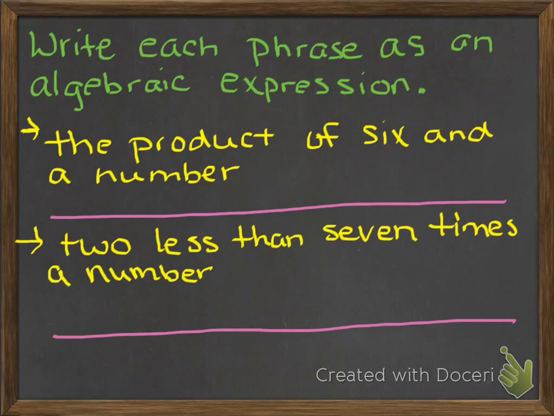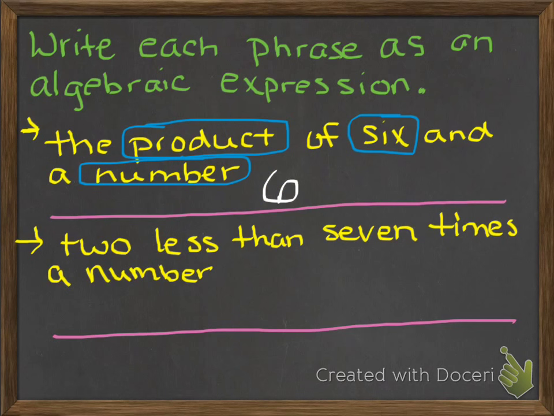It says the product of 6 and a number. So the important information here that you see is the word product. That means multiply. 6 is one, and then a number is the one that you're going to have to make a variable for. So since it's a product and since 6 is the number, we're going to have 6, and then n being our number.